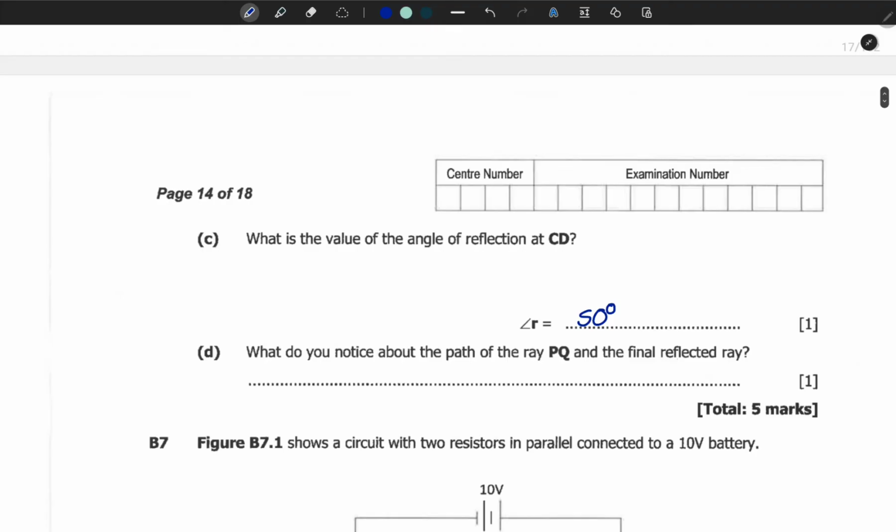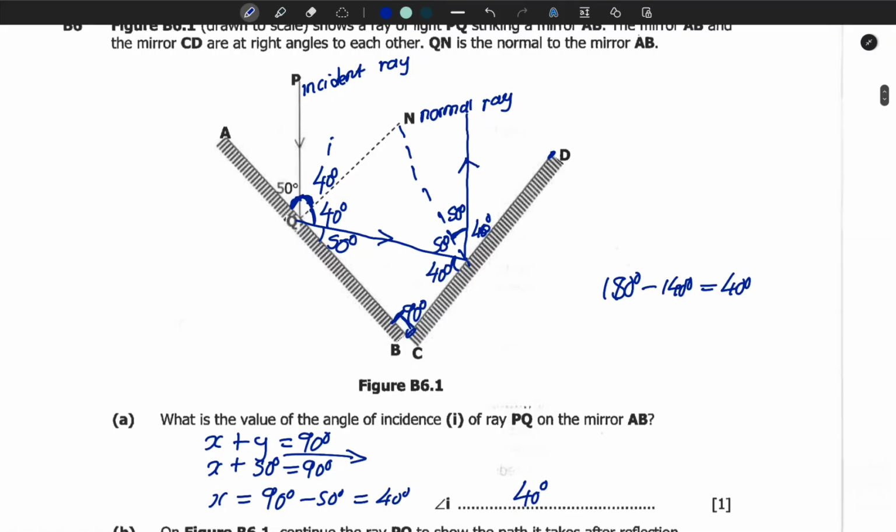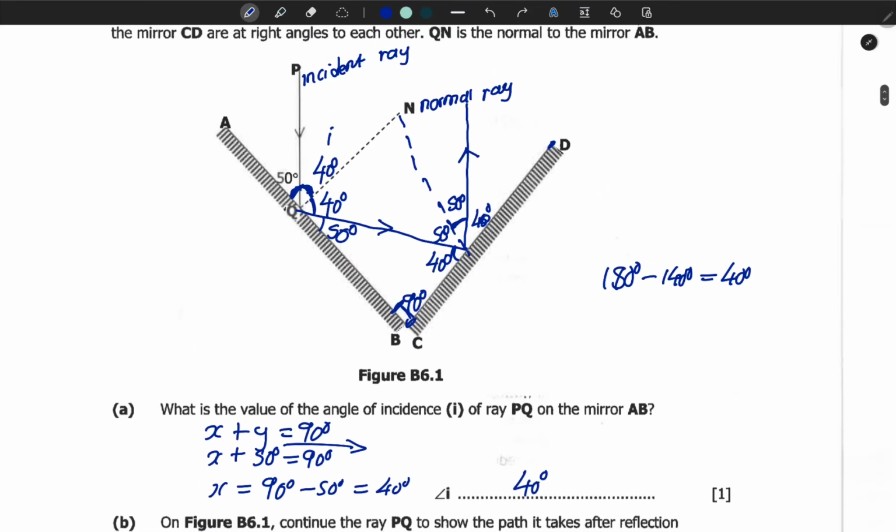Question D. What do you notice about the path of the ray PQ and the final reflected ray? So the ray PQ is this ray here, and the final is this one. So if you look at these two lines, they are parallel to each other, but in the opposite direction.